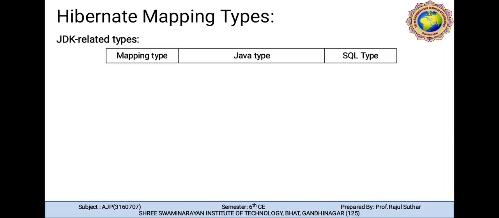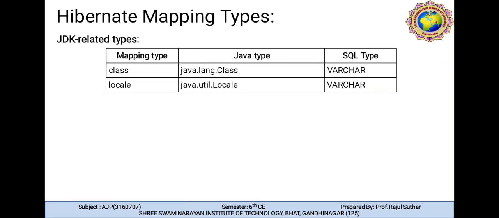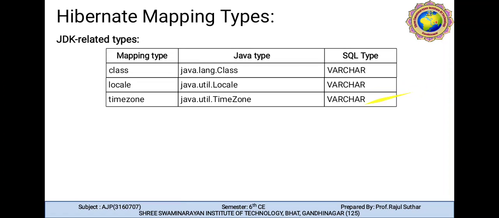Some of the JDK related data types: for example, we can use class. In Java type we use java.lang.Class, while in SQL it is simply VARCHAR. Then locale: java.util.Locale, and in SQL it uses VARCHAR.